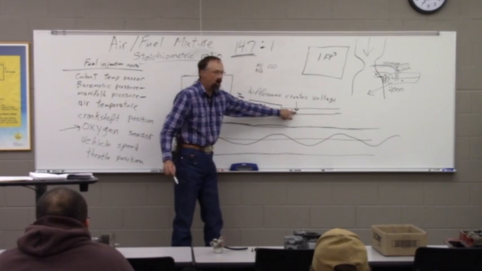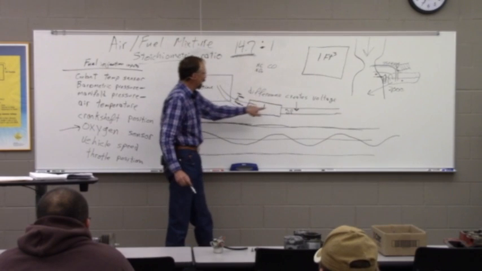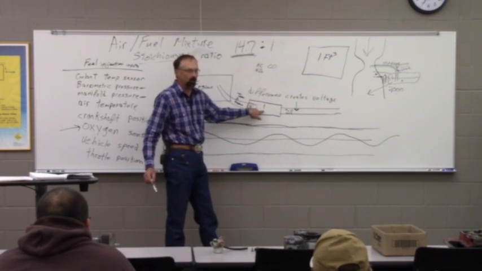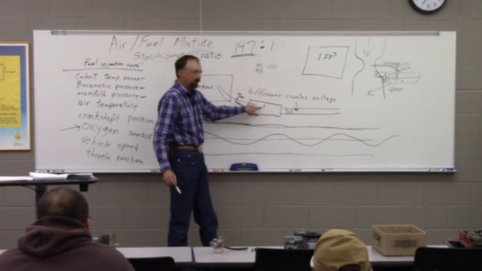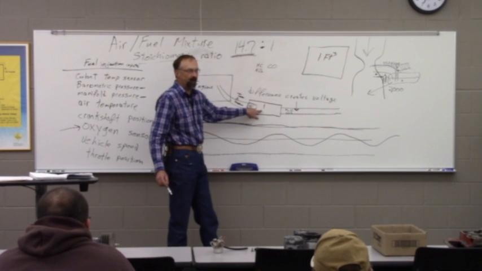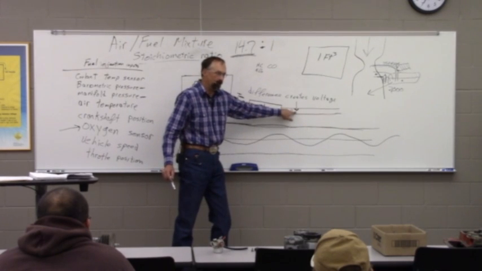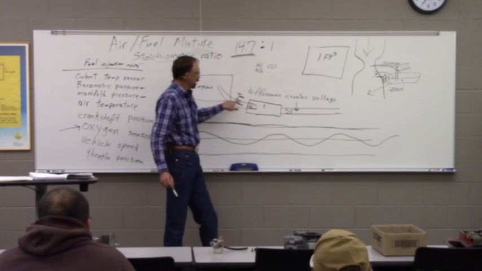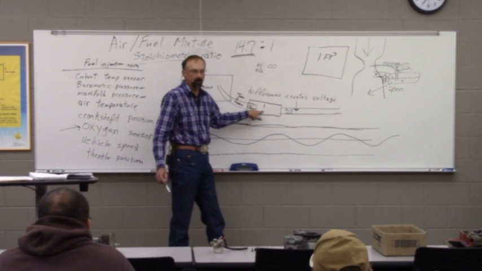This one is not used whatsoever to manage the fuel injection. But what it is used for is to tell the computer if this catalytic converter is working. Because if it's working and cleaning up the last of our incomplete combustion, then there'll be a difference in the reading of this sensor and this sensor. If these two are reading the same, this catalytic converter isn't doing anything.